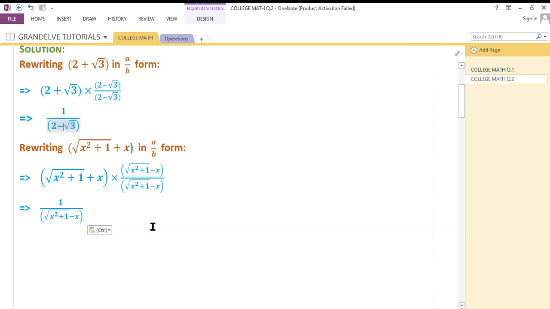We can use m and n, a or b, but let's use p and q in this case and see what we will do. So let's represent p by 2 minus square root of 3 in the denominator and q by square root of x squared plus 1 minus x in the second denominator. Okay, let's do that and see.